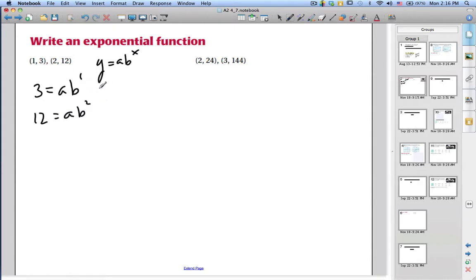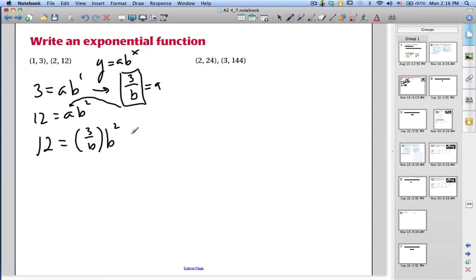If I take this first equation and solve it for a, I'm going to get 3 divided by b is equal to a. Then I'm going to substitute it into my other function in place of a. So I'm going to have 12 is equal to 3 divided by b times b squared.